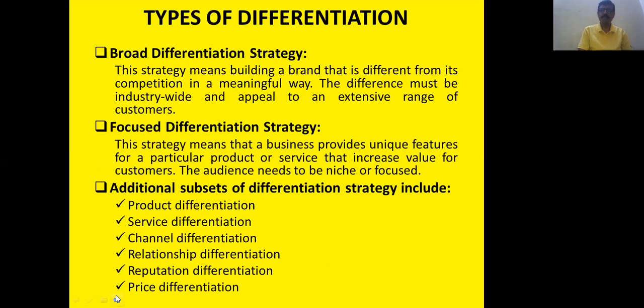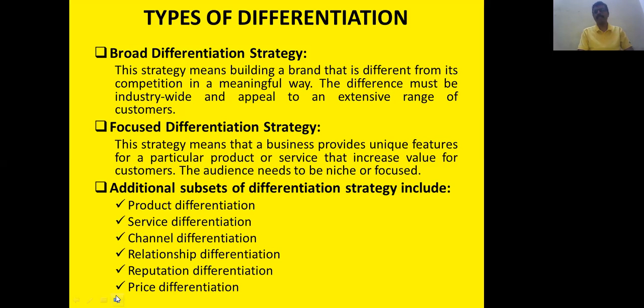There are various types of differentiation strategies, which we will discuss. First one is product-based differentiation. For example, take the case of Kellogg's. Chocos is a separate market and Kellogg's Cornflakes is a different market. Service-based differentiation. The service by different telecom players can be used. Channel-based differentiation. For example, online channels versus traditional channels.